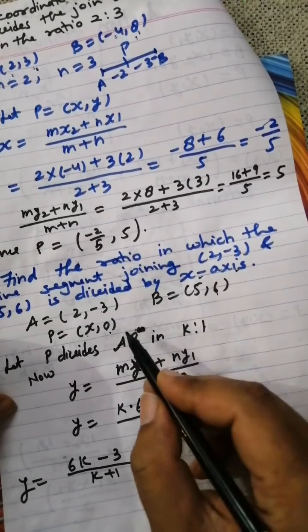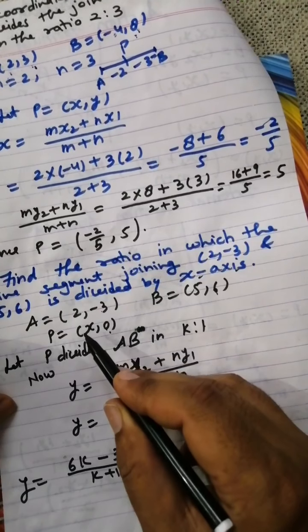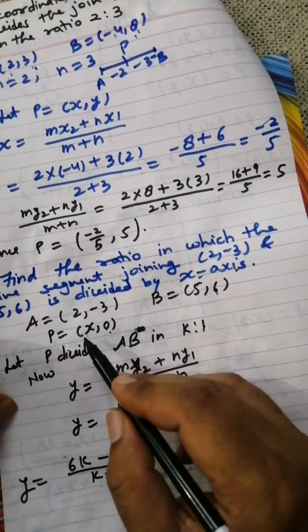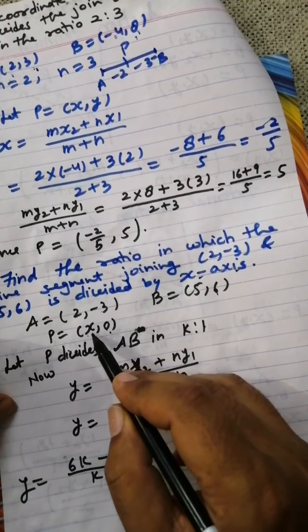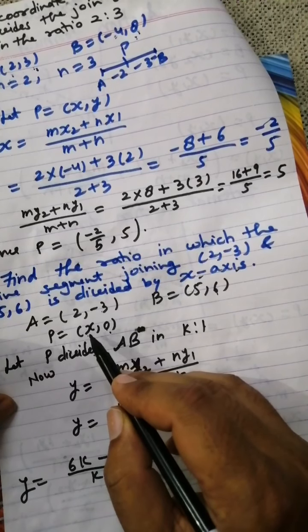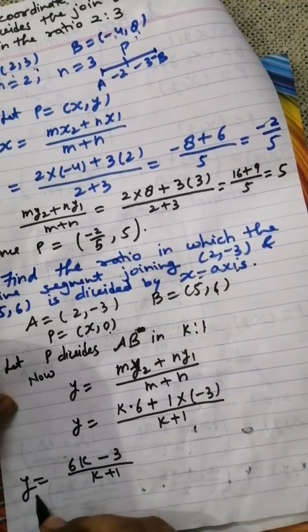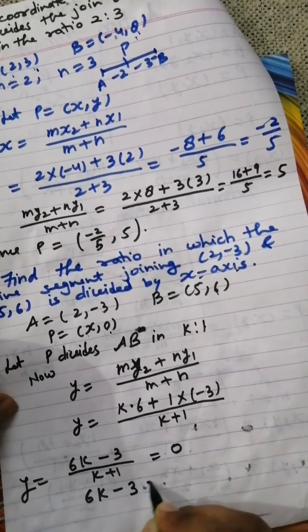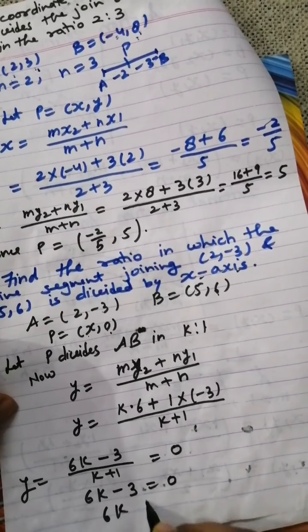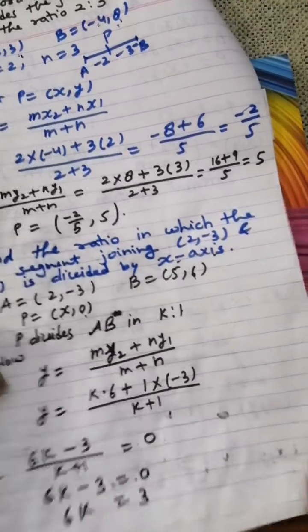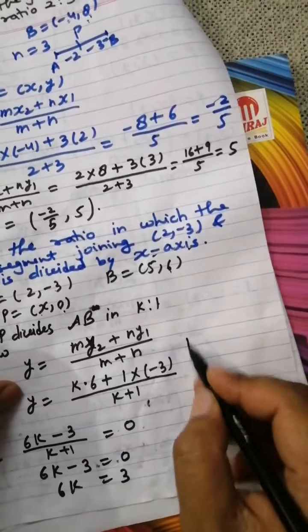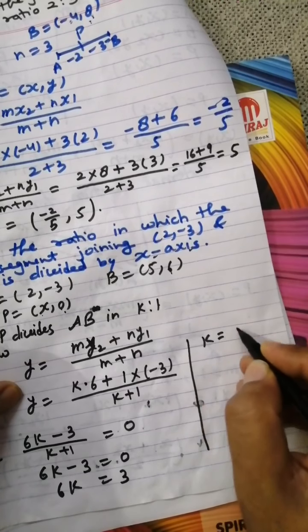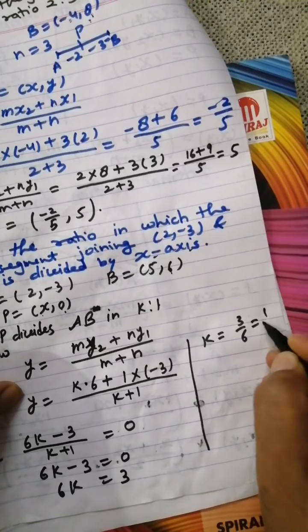But you can see that y equals 0 in the P coordinate, on the P coordinate it is x comma 0. It means on the x-axis it is x and on the y-axis it is 0. So y equals 0. According to that condition 6k minus 3 equals 0, or 6k equals 3, and if 6k equals 3, it means k equals 3 upon 6, it means 1 by 2.